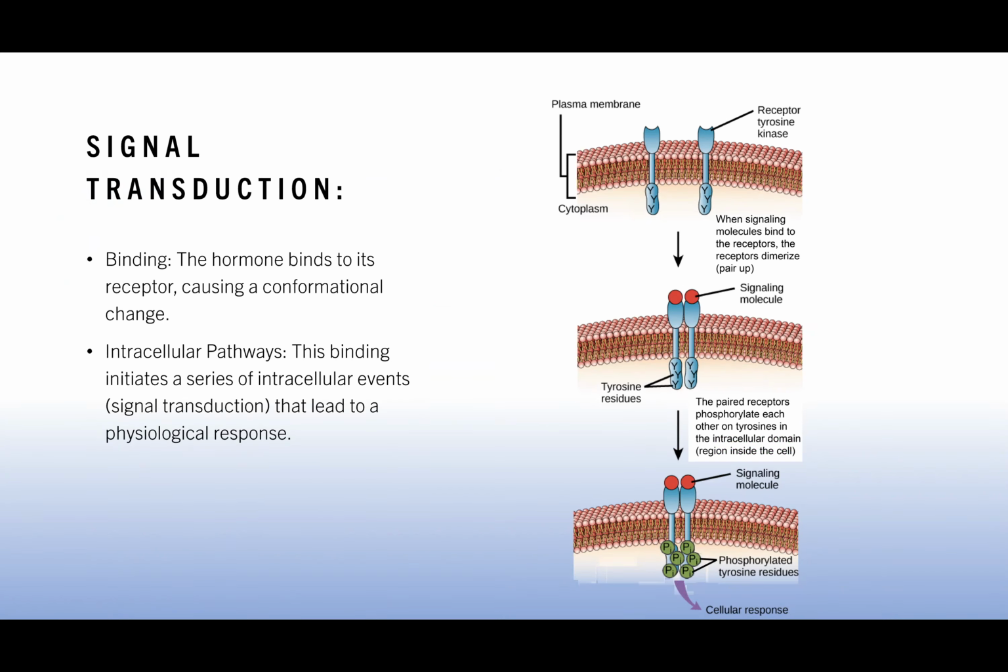We have signal transduction. What does that mean? When the hormones bind to the receptors, there's some conformational change occurring. This binding initiates a series of intracellular events, which is cell signal transduction, and leads to a physiological response. For example, here we have the receptor tyrosine kinase, and we have these tyrosine residues.